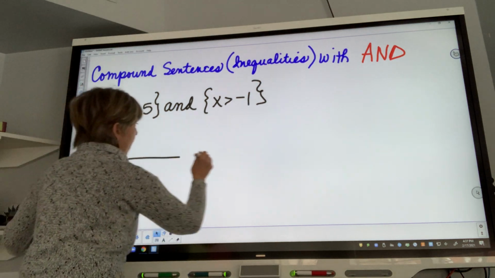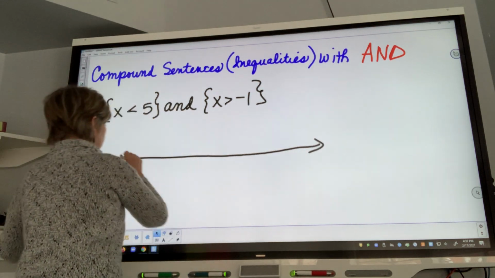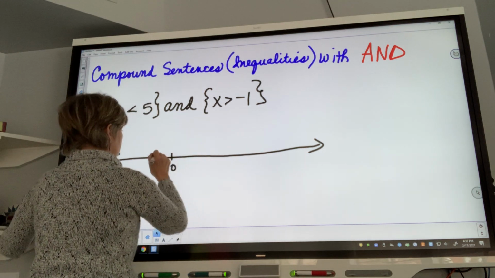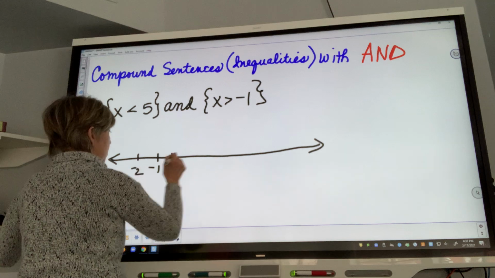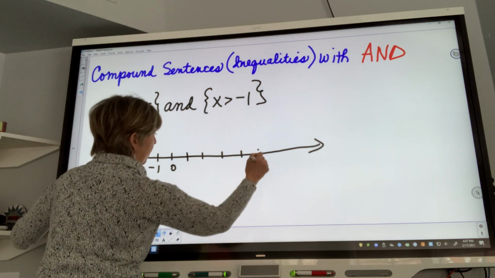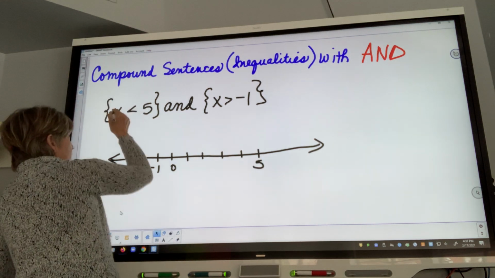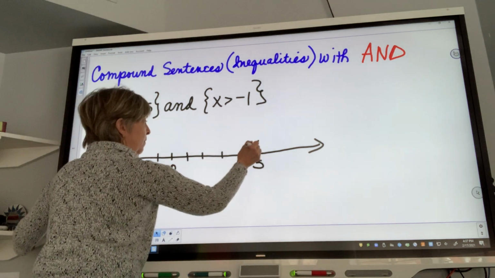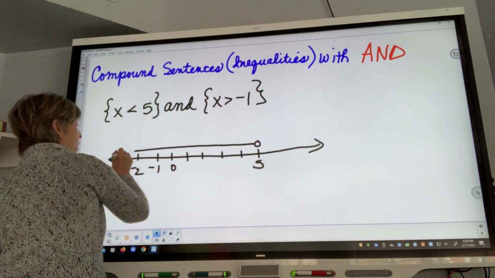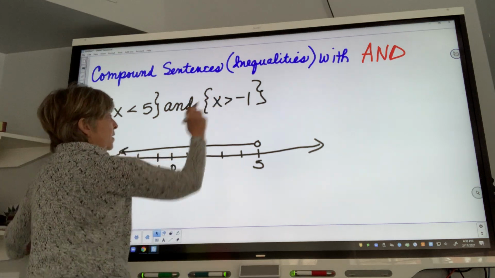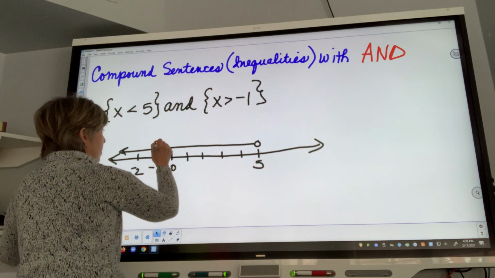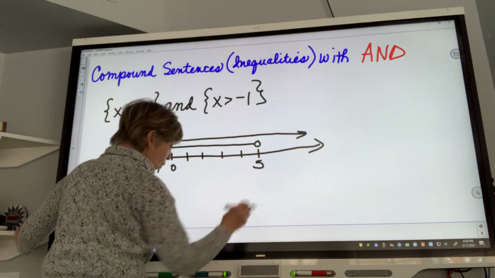If I'm going to graph this, here's 0, here's -1, -2, 1, 2, 3, 4, 5. Here's 5. Okay, so this says I want all the numbers that are less than 5. So that would be everything this way. This set is all the numbers greater than -1, so that would be that way.